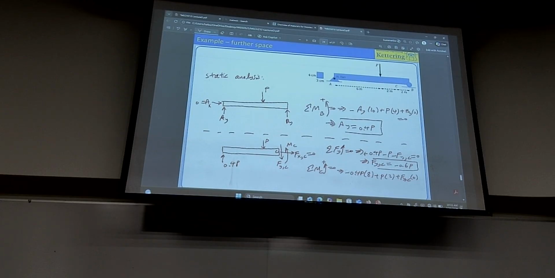So it's a free vector, so leave it as MC. Keep that in mind: moment is a free vector. That's why, as was said, you can go for any other point. So this gives us MC in terms of P. MC is 1.2 P.